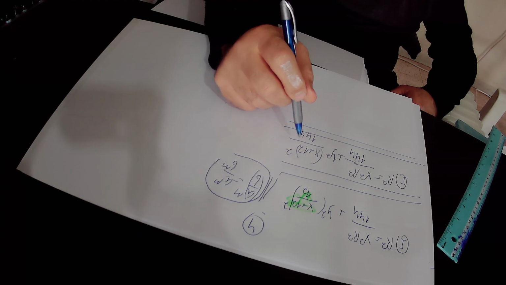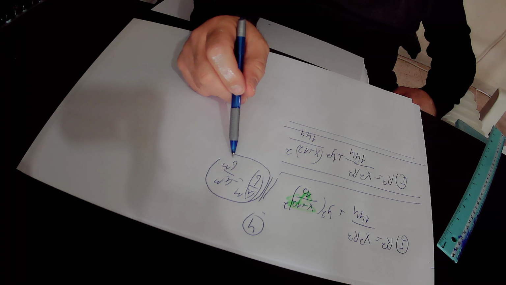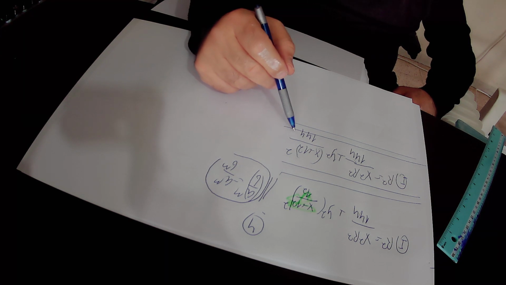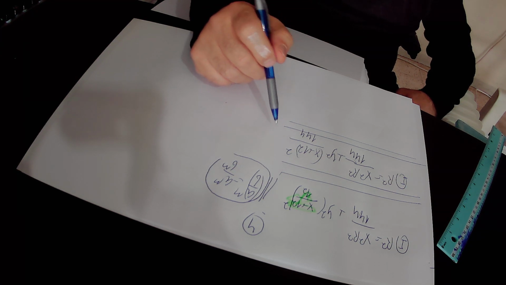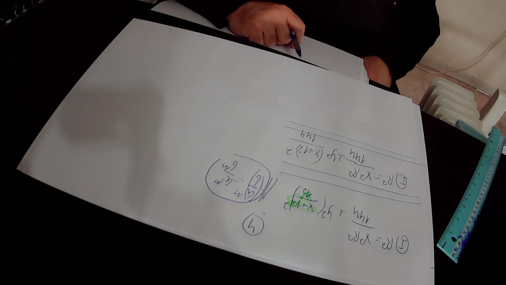So in total it equals (x plus 12) squared over 144. Okay, so this is equation 1.